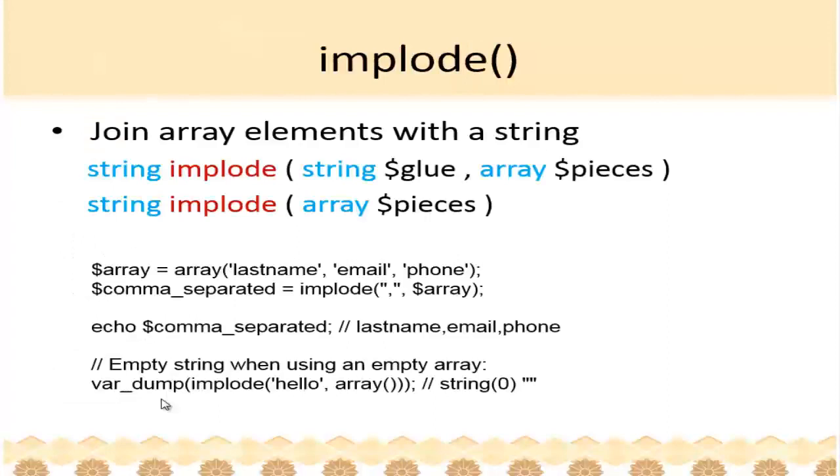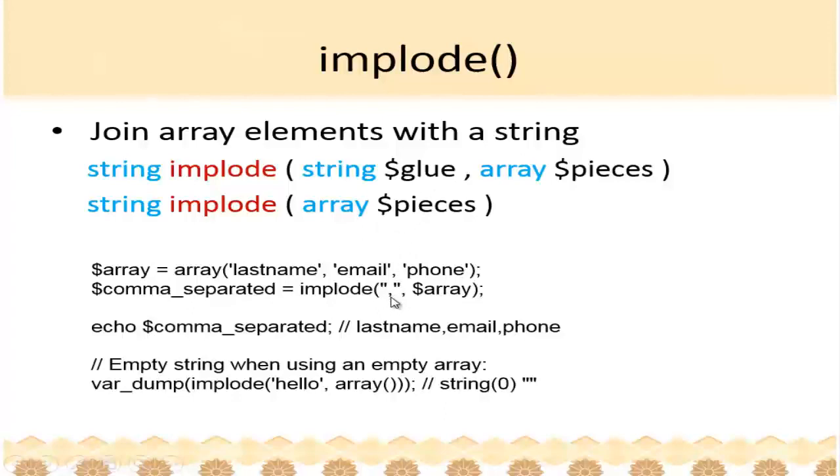Include is a way in which you take an array and you convert that array into a string. If you want to convert the array into a string, you can use include function. For example, you have an array last name, email, phone. I want to get a comma separated value. So I say how this value must be separated.